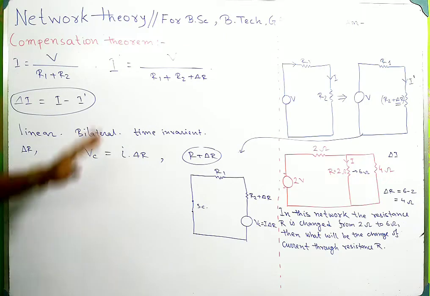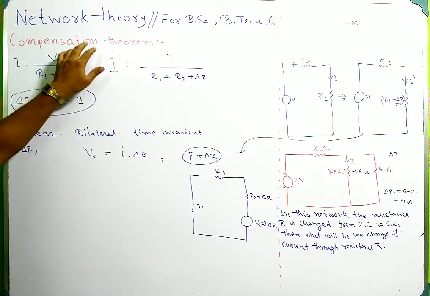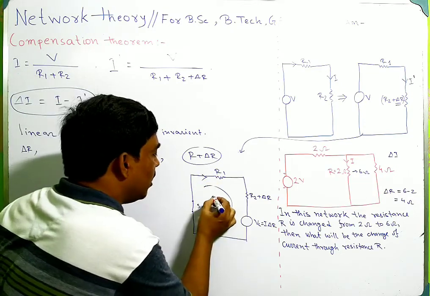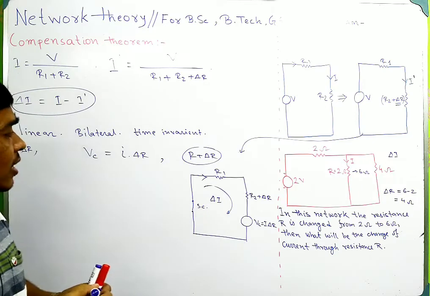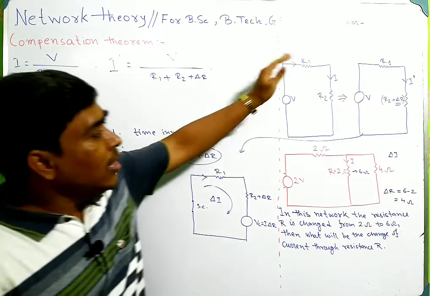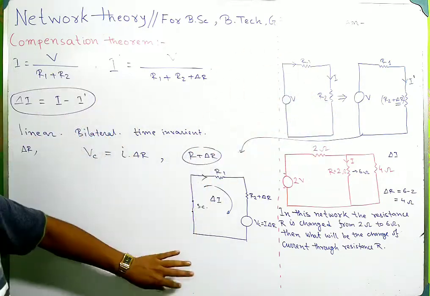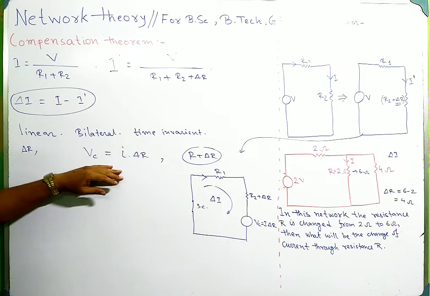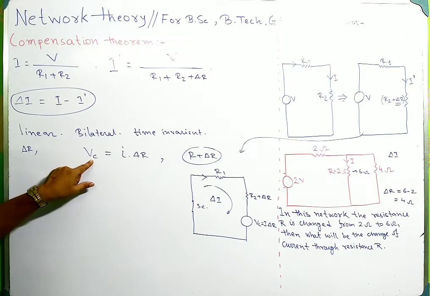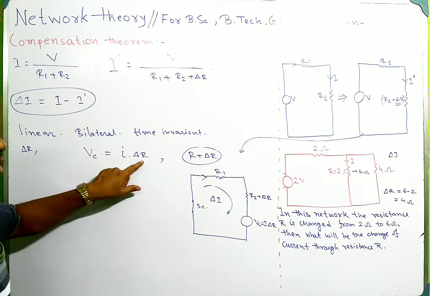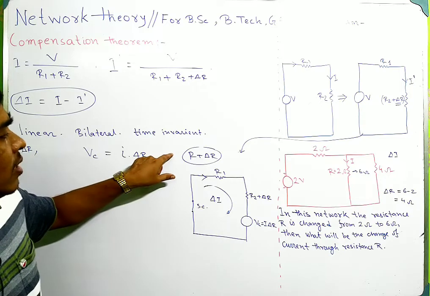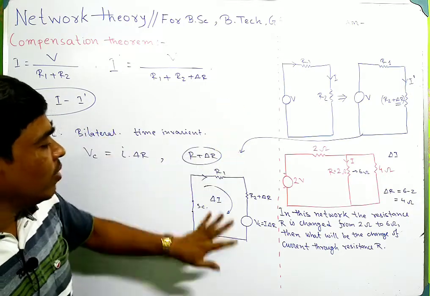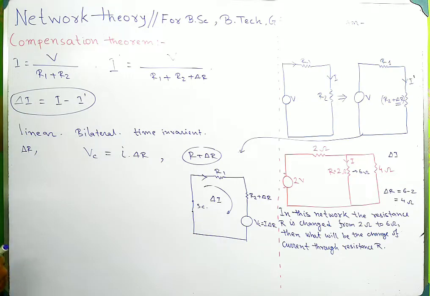So according to the compensation theorem, the change in current, this is del I. The change in current through any branch of a network can be found out by replacing a voltage source Vc equals I into del R in series with a resistance R plus del R. And what is the I?